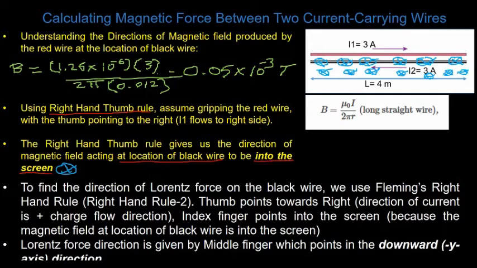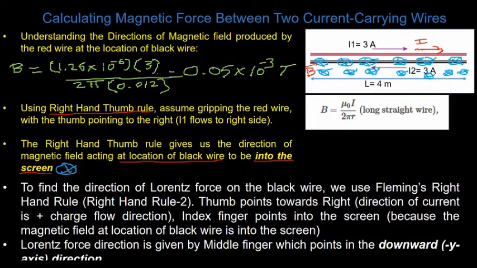Stretch out your right hand and imagine gripping the red wire, with the thumb pointing in the direction of current. Then your curling fingers point inward at the location of the black wire, shown by the blue crosses. So these are the fields at the location of the black wire.